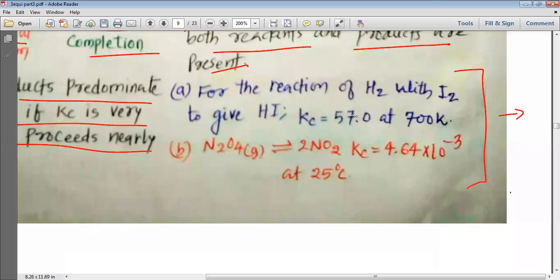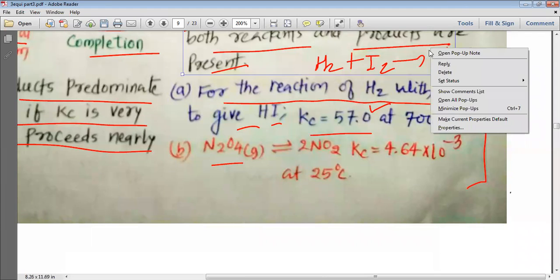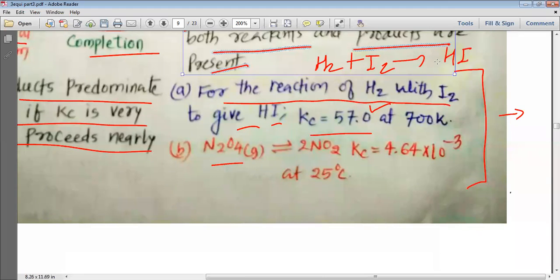For the reaction of hydrogen with iodine to form HI, Kc is 57. That means it falls in the range of 0.001 to 1000. When HI is formed from H2 and I2, H2 plus I2 gives 2HI, at equilibrium all three, hydrogen, iodine and hydrogen iodide, are present.